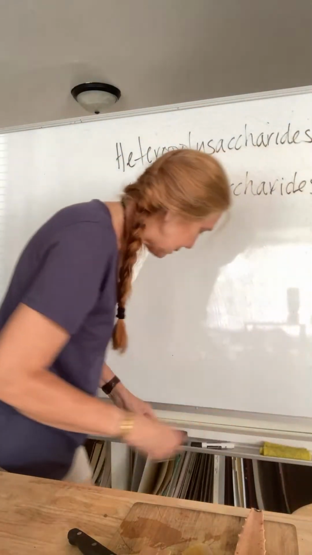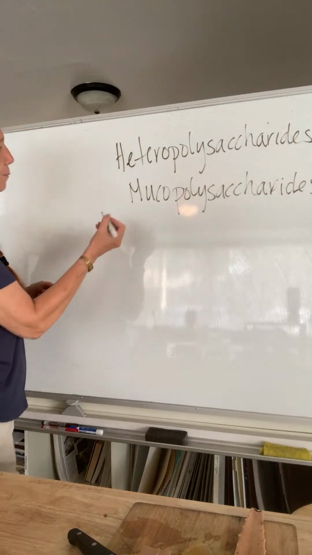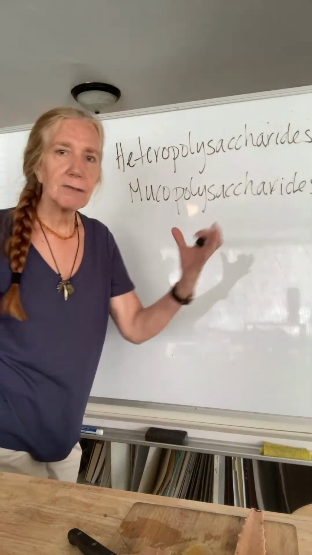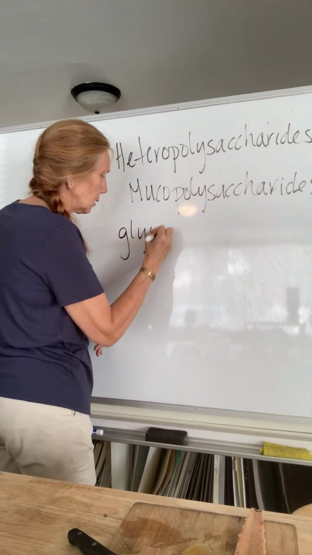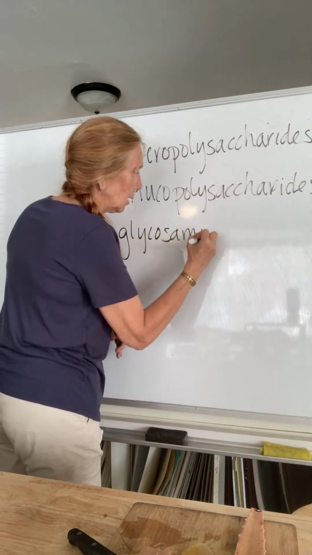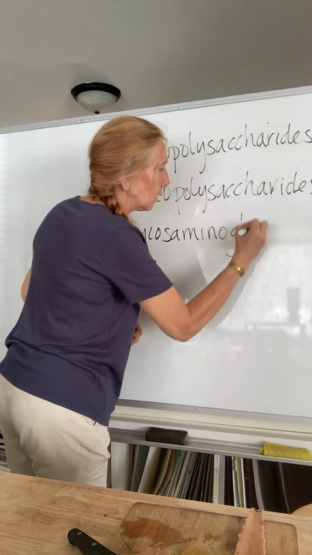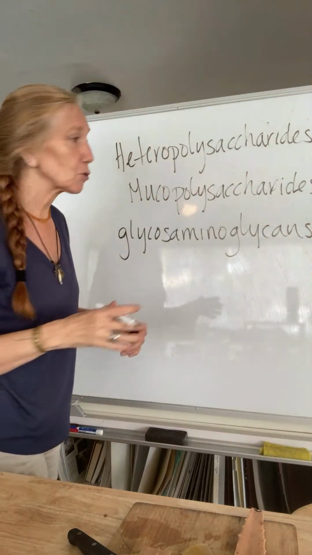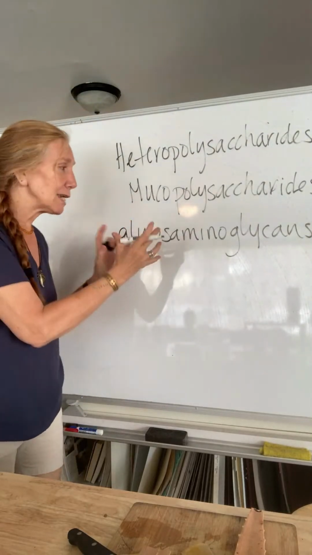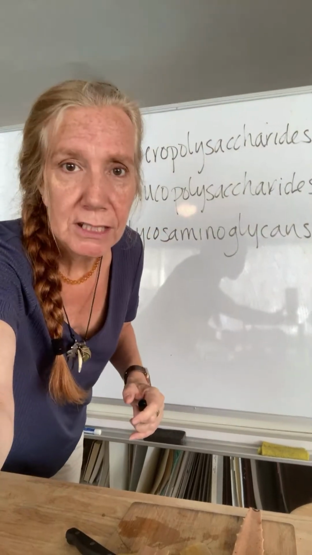That slime in our bodies is a class of constituents called glycosaminoglycans. You do not have to remember any of the chemistry names, but we can break down the chemistry names and kind of see what's going on.